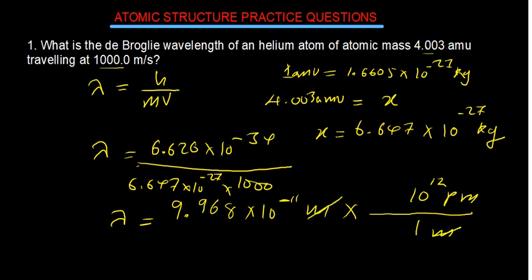If you multiply by 10 to the power 12, you should be able to get a wavelength that is 99.68. So our wavelength gives us 99.68 picometers. Alright, that will be our answer for the first question.